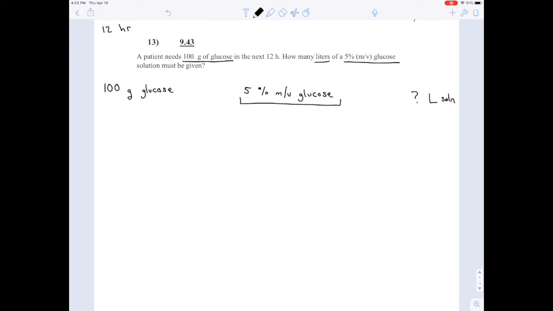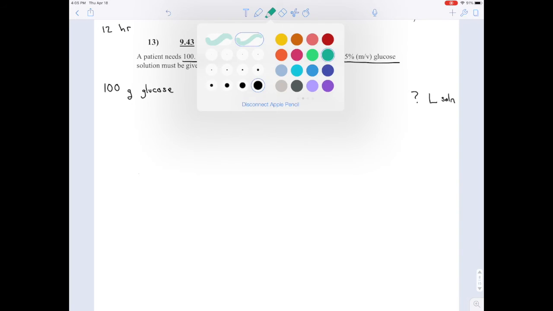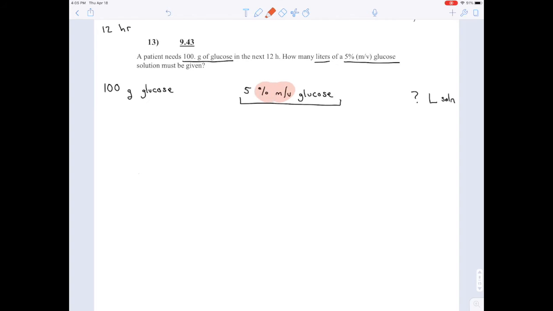Oftentimes after you break them down, you'll see a connection that you may not have seen before. So when you have 5% mass volume, those key words, percent mass volume, should suggest a formula. Specifically, grams, so we have 5 grams of your solute, glucose, per every 100 volume, right?